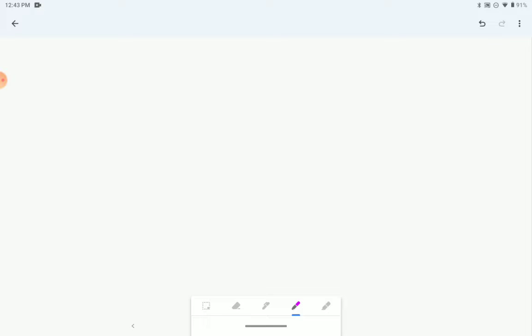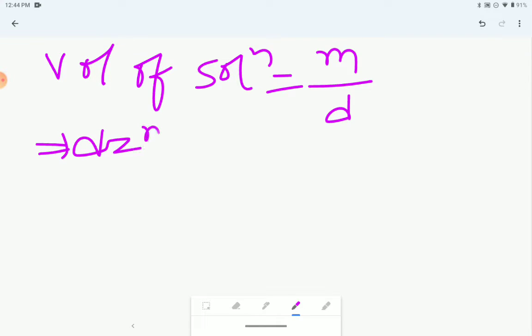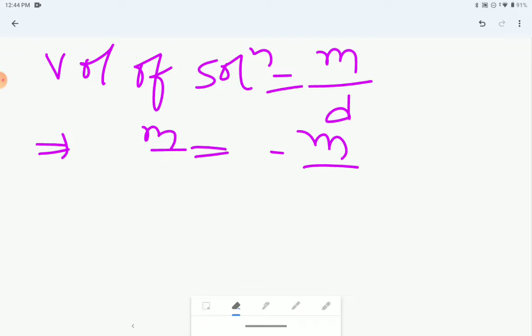Now volume of given solution can be found by mass upon density, because density is equal to mass by volume. That implies V is equal to m by d. I hope you understood. Now let's solve this.